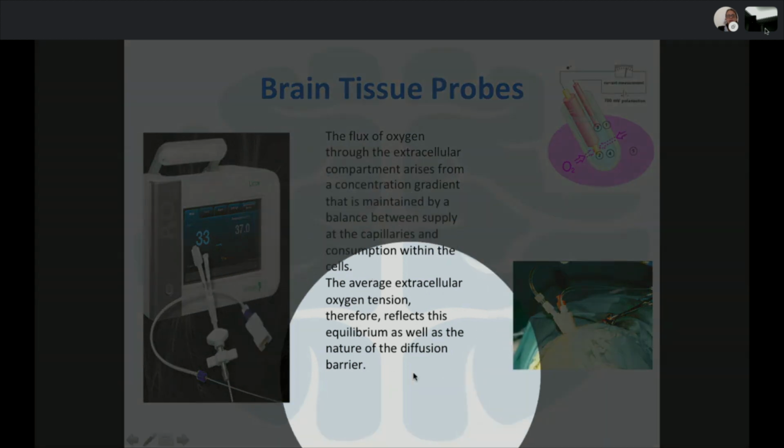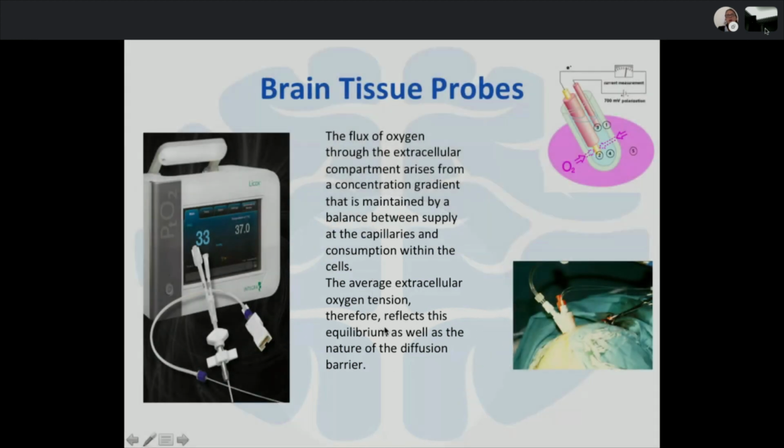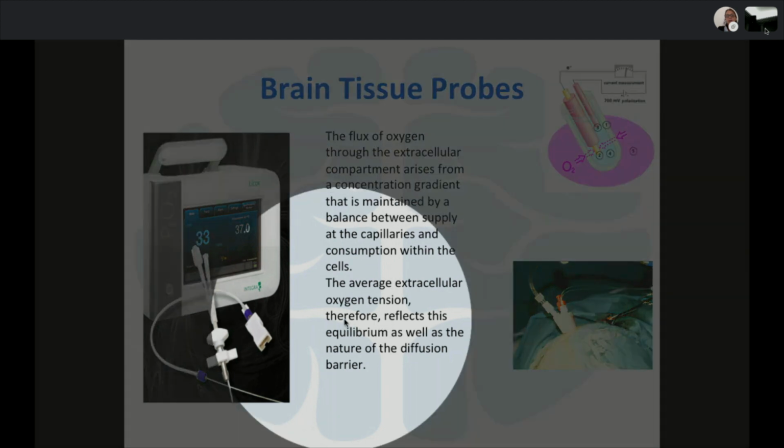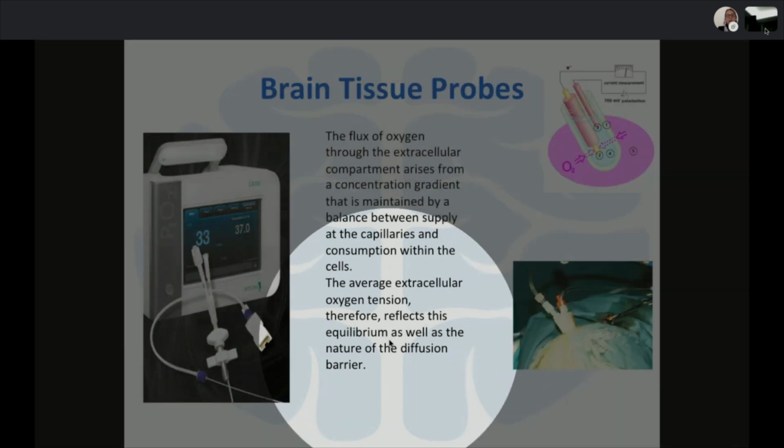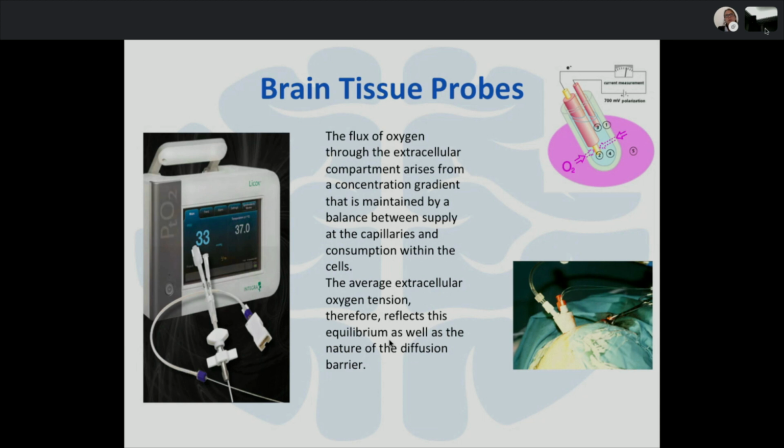So if you think about the slides talking about the physiology before, the average extracellular oxygen tension reflects the equilibrium between the delivery and the consumption of oxygen, as well as the nature of the diffusion barrier, which enables the oxygen to arrive to the brain.